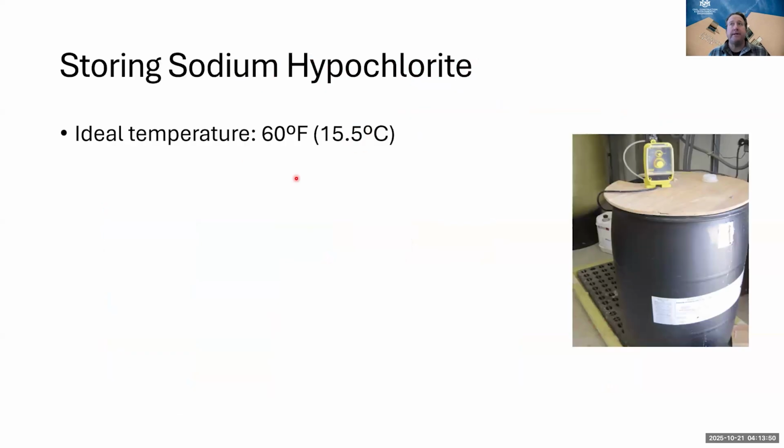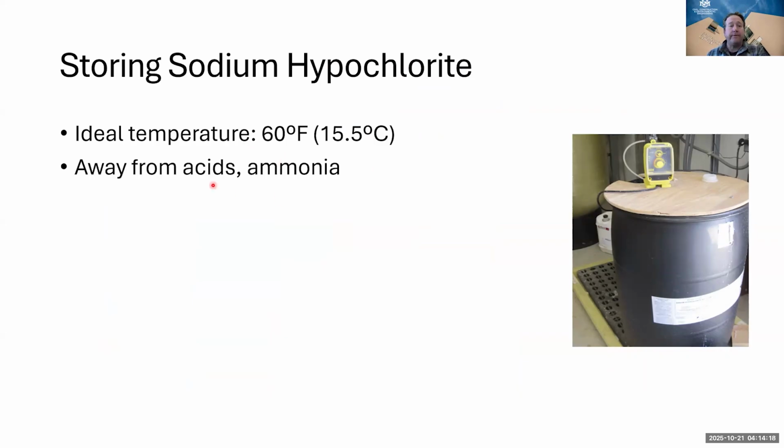The ideal temperature for that is right around 60 degrees Fahrenheit, which, out here in New Mexico and other parts of the western US, our pump houses and treatment houses definitely get hotter than. We do have a few systems that have installed air conditioning and heating during the colder months to address that.